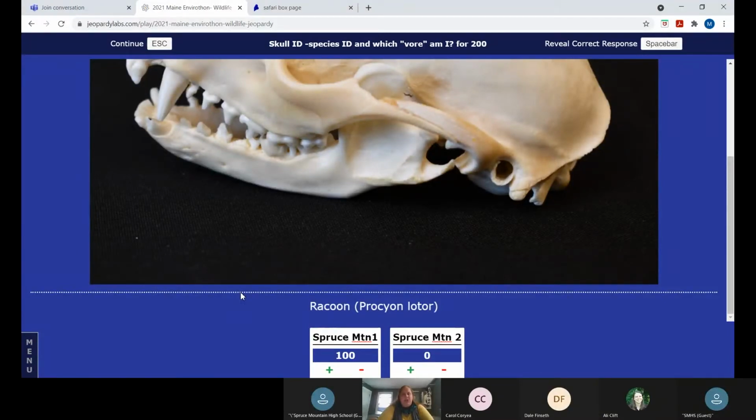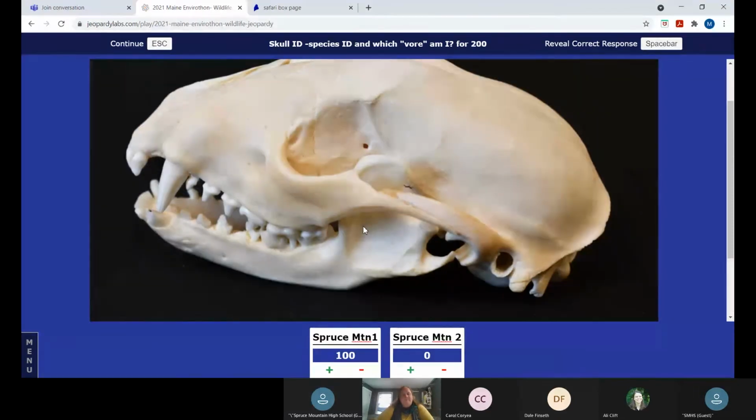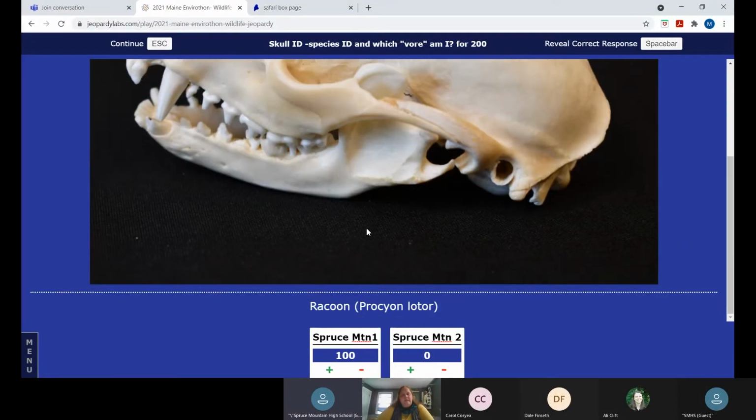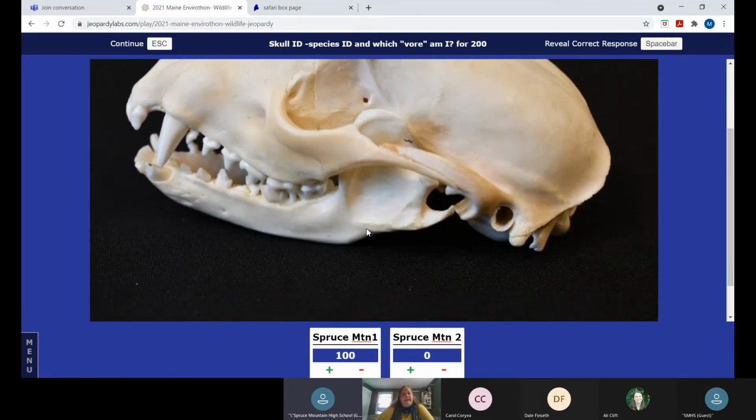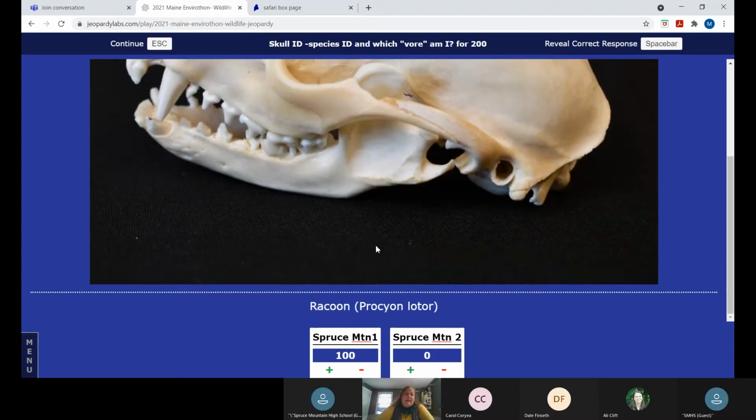This happens to belong to our friend the raccoon, and he is an omnivore. So I got it wrong. Because it was a two-part question, I can't give you the points for that one, but you did guess correctly that it was an omnivore based on the teeth, so I've got to give you a pat on the back for that.